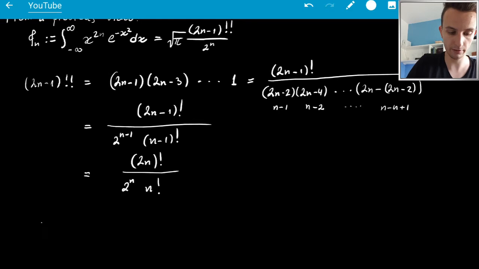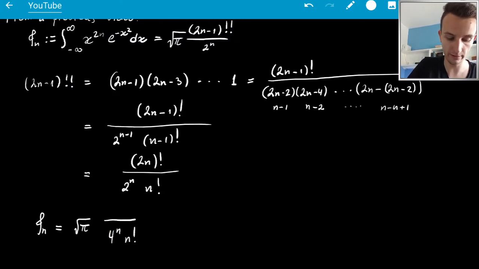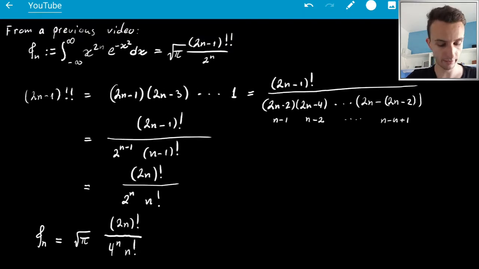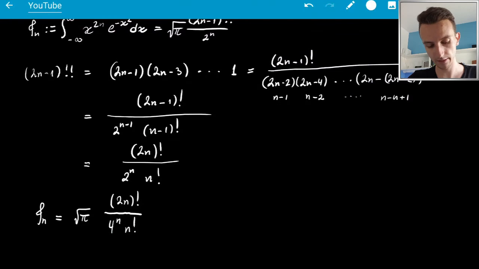So then this means that I_n is also square root pi, oh well, it's (4n) factorial over (2n) factorial. Now, honestly, maybe I should have thought about if this thing itself can limit to anything. And naively, I would guess that yes.